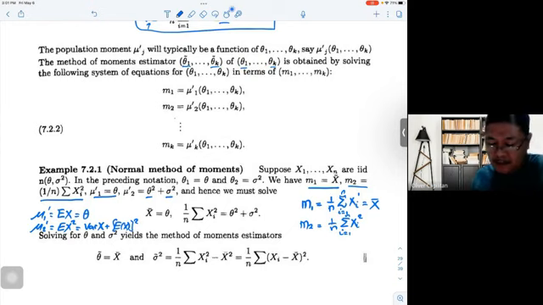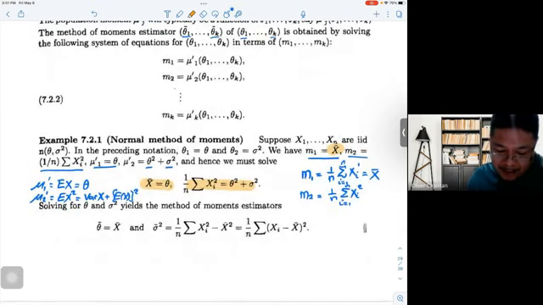We equate the sample moment x bar to the first population moment, which is theta. And then the second sample moment equals the second population moment. So solving for theta, obviously now theta tilde rather than theta hat, the method of moments estimator for theta is equal to the sample mean x bar.